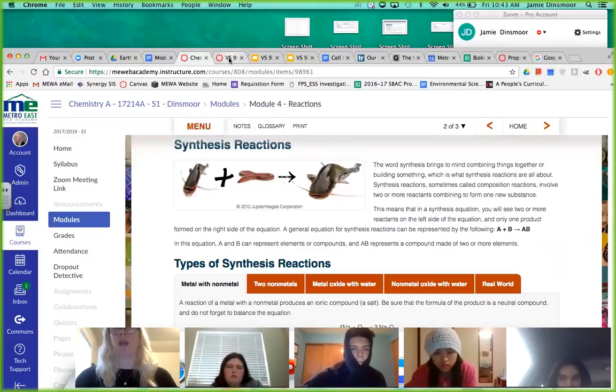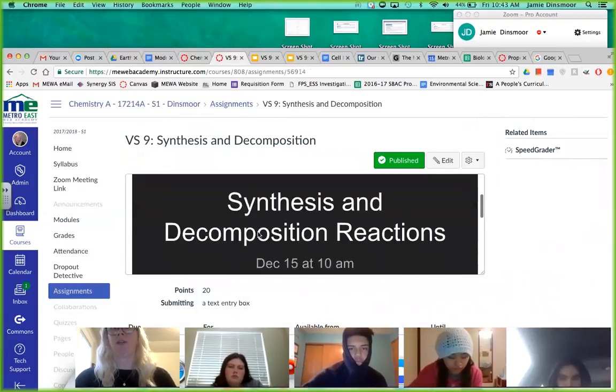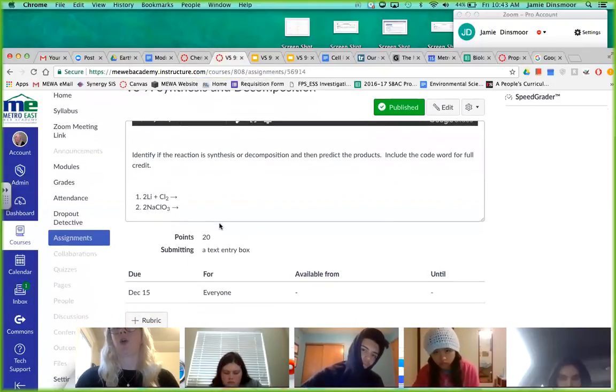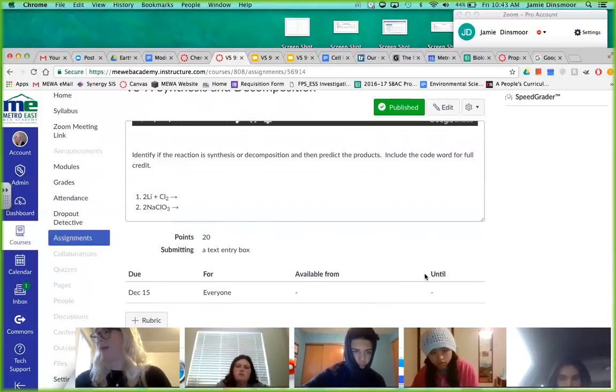There is also a virtual session exit ticket. You are going to be identifying if the reaction is synthesis or decomposition, and then predicting the products for these two situations. Those are two from the examples. Include the code word for full credit. I'm going to put the code word into the chat right now.